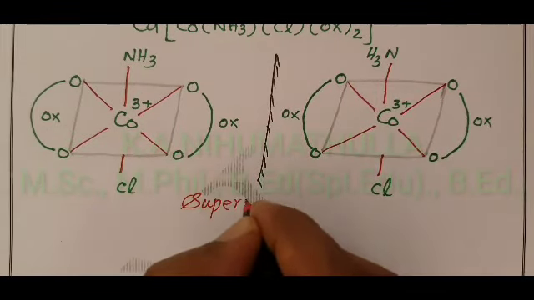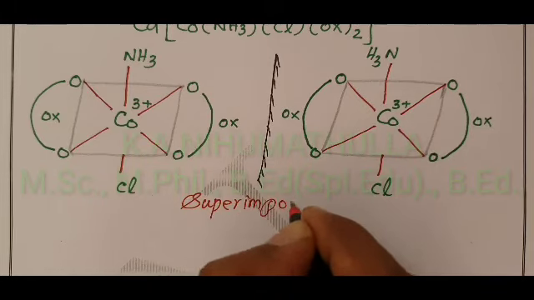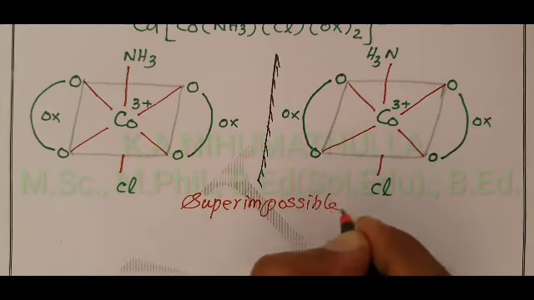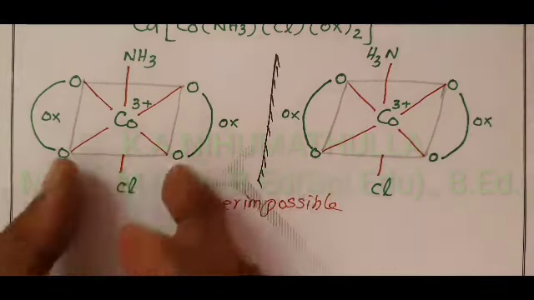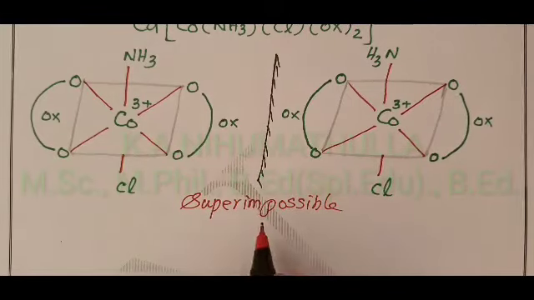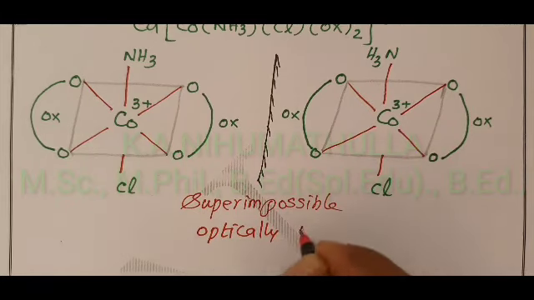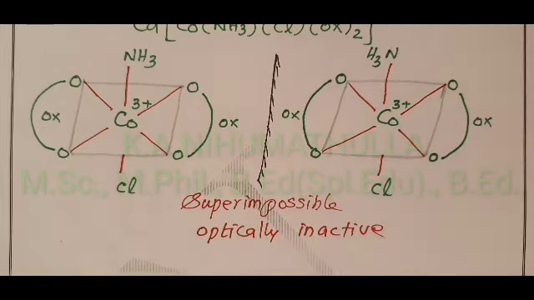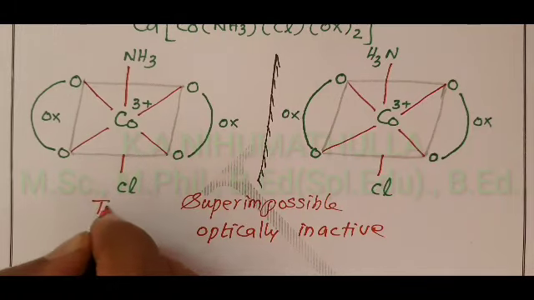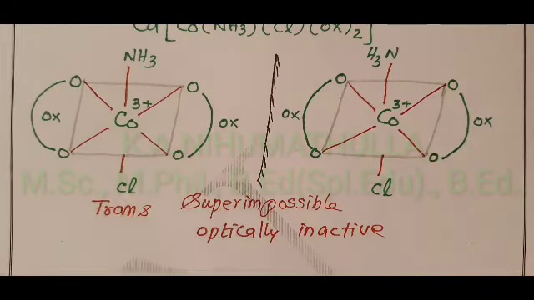Just to coincide with each other. If superimposable, it means this is the optically inactive form. Optically inactive. These are not enantiomers. This is your trans isomer.